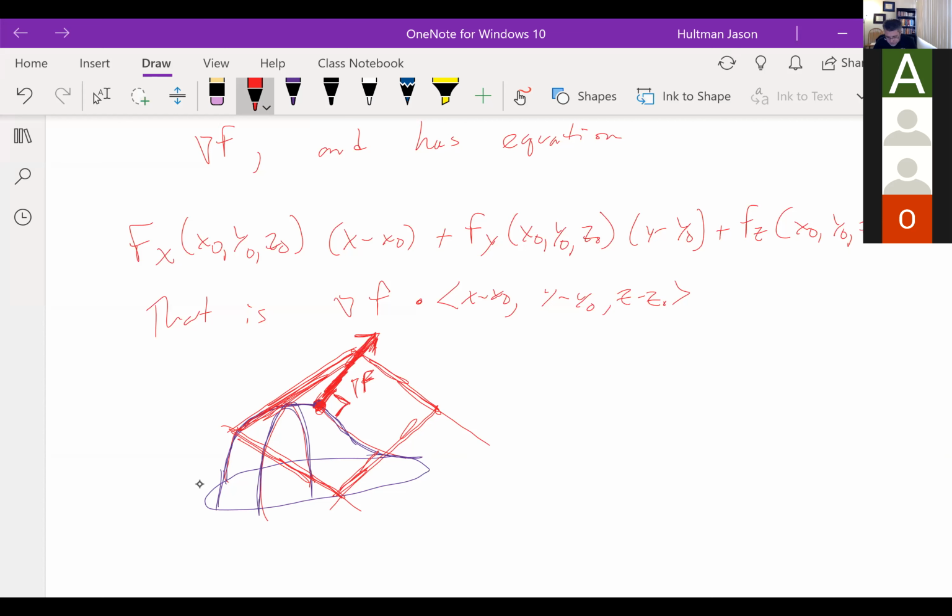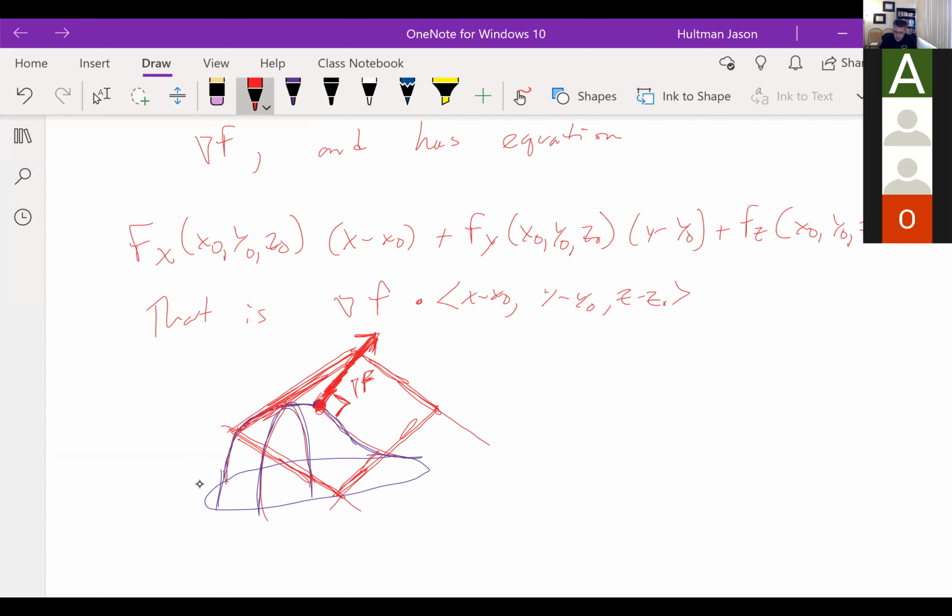Well, what's the tangent here? It's normal to this thing. Well, we're not going to go down that road just yet.